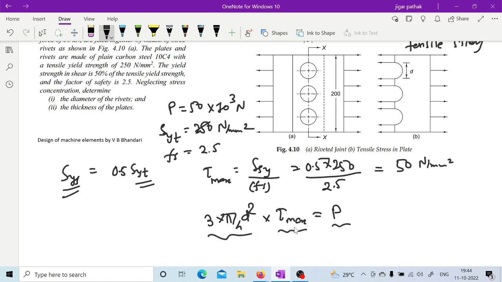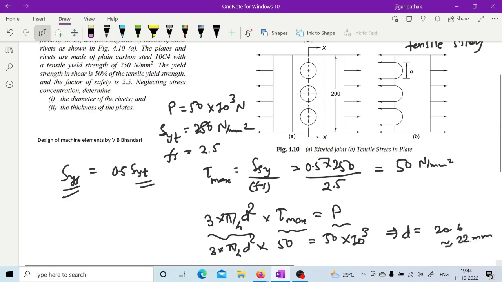So now you have tau max and the value of P, so you can calculate d. So 3 into pi by 4 d square into tau max, which is 50, equals P, which is given as 50 into 10 raised to 3, which will give you d equal to 20.6. So you can consider 22 mm, right?